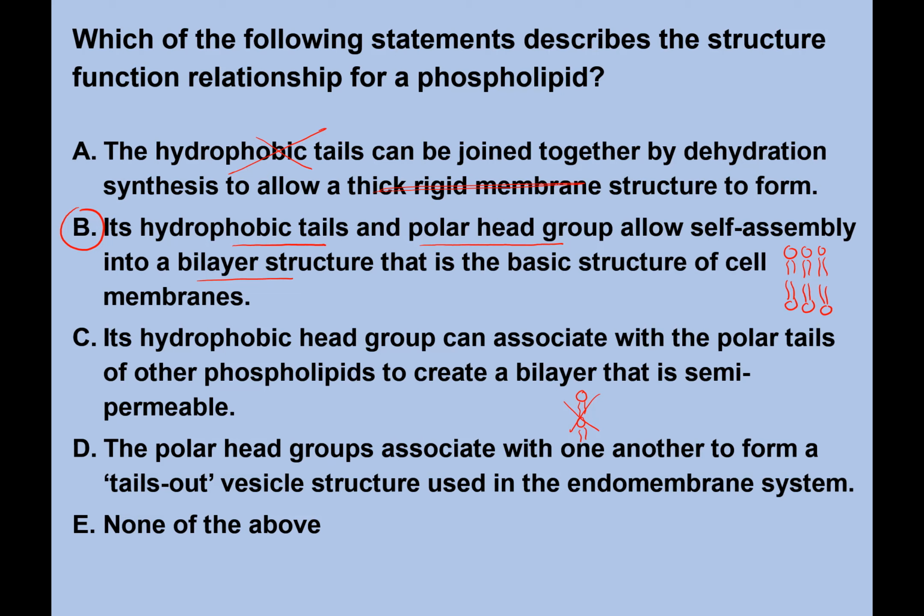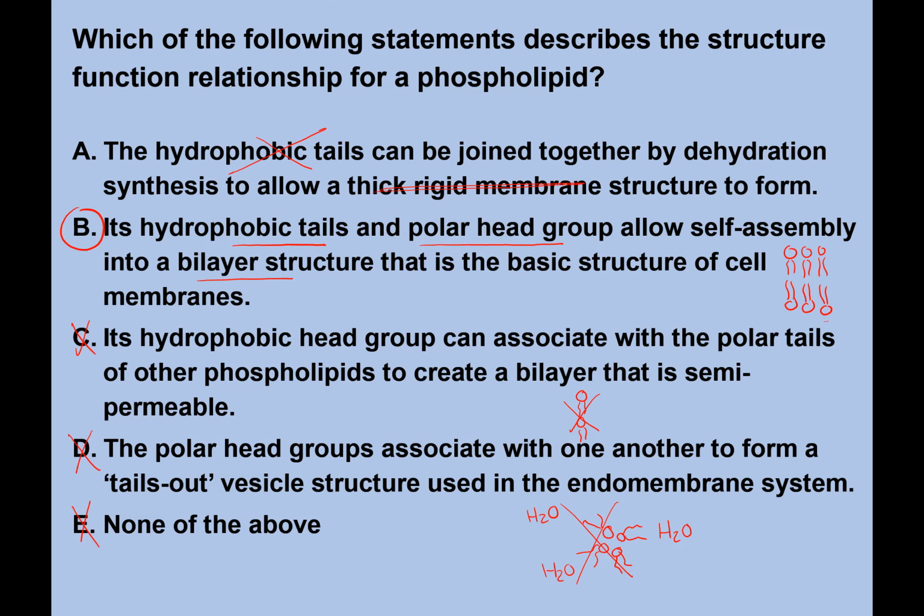The polar head groups associate with one another in a tails out structure. Well, that wouldn't work because there's water. Remember that you are mostly water, and those tails do not want to be around water. They want to be away. So that's why they make this nice layer. So that's not correct. That one's not correct. B is correct, so E is not correct.